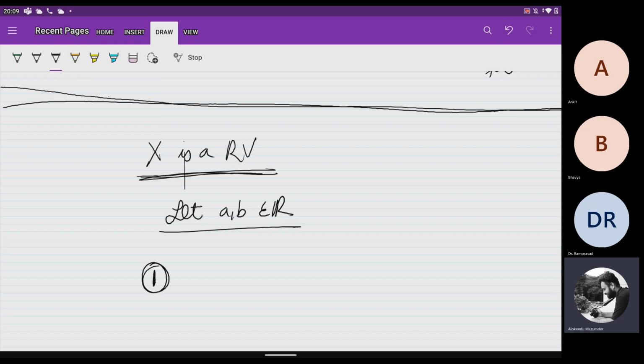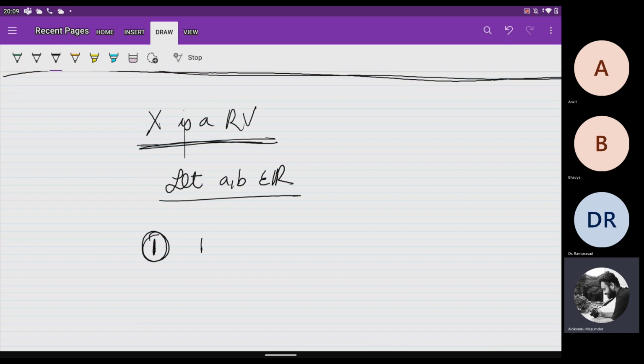The first property is the expectation of ax plus b. Can you tell me what it can be, for any continuous random variable?